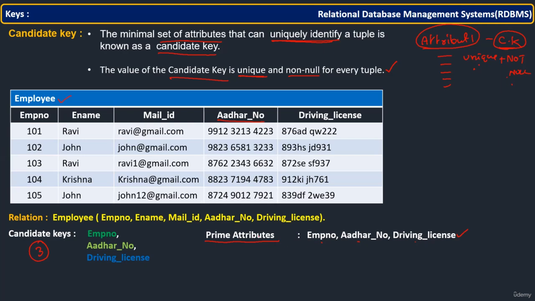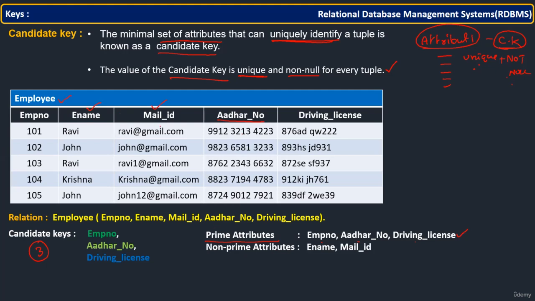Based on these different properties, we are going to do many things in functional dependency and in the normalization part. That is why simply try to understand. If these are the prime attributes, then what are the non-prime attributes? The remaining ones are going to become non-prime attributes.